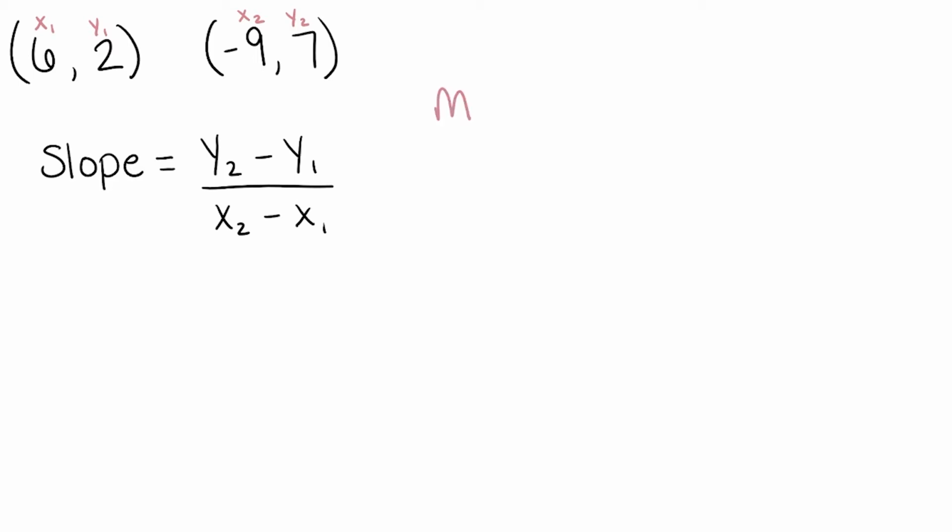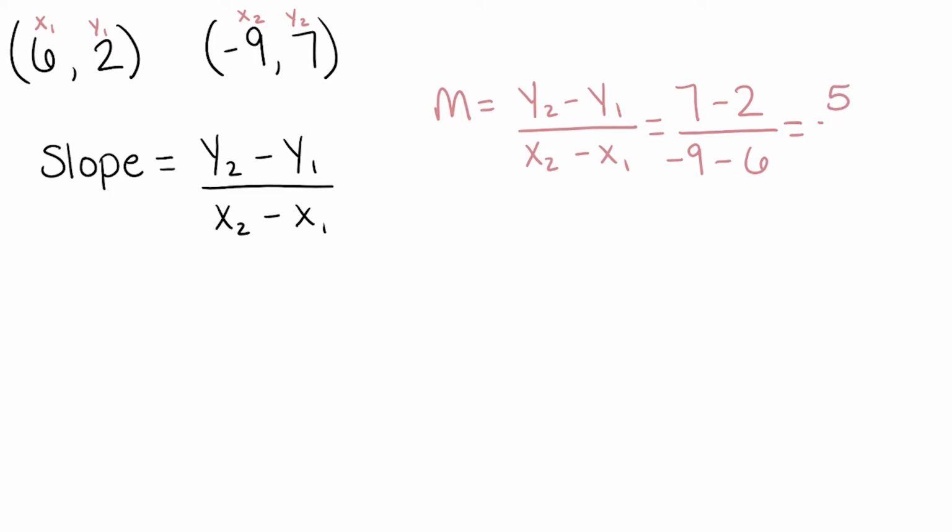Let's plug those into our slope formula. We get 7 minus 2 over -9 minus 6. 7 minus 2 is 5, and -9 minus 6 is -15.